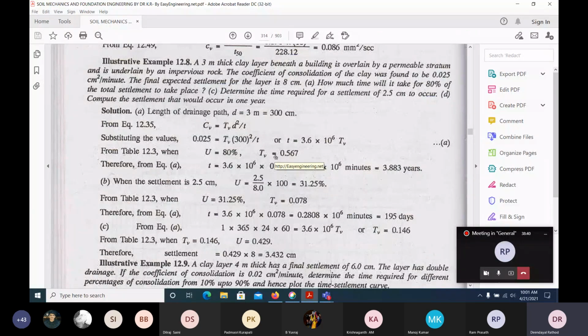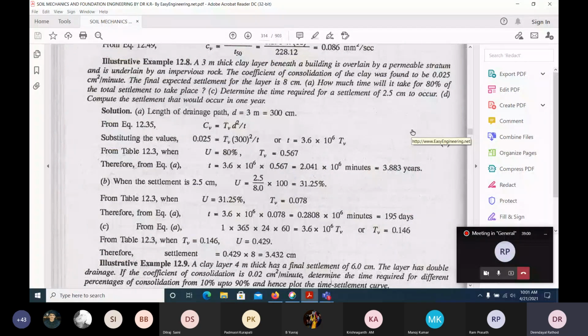We know the equation CV equals TV times D square by T. Here CV is given, TV we need to find. 300 is given, time is given. So this equation becomes like this, or we can write T is equal to 3.6 multiplied by 10 to the power 6.